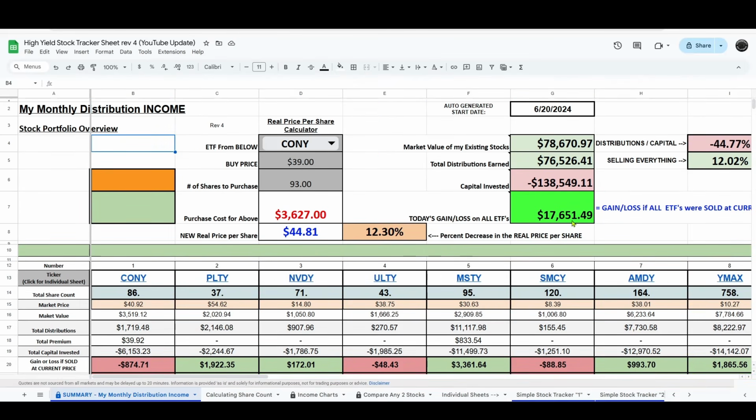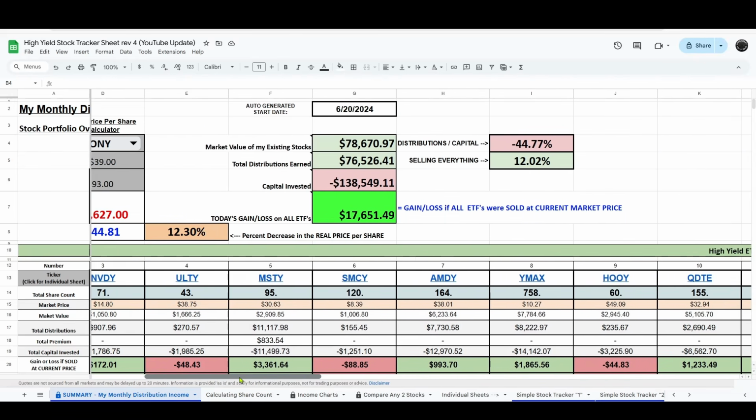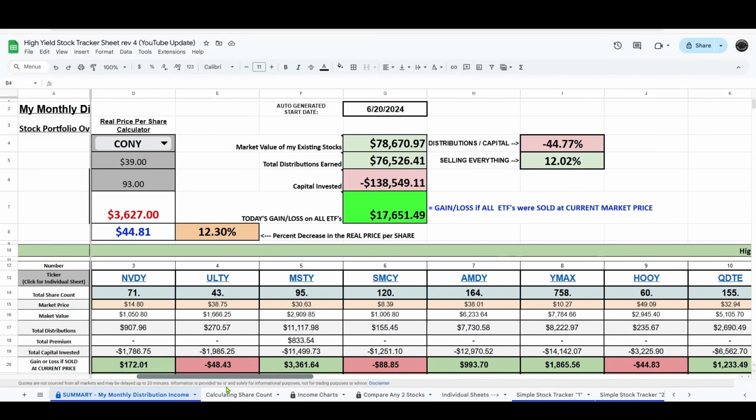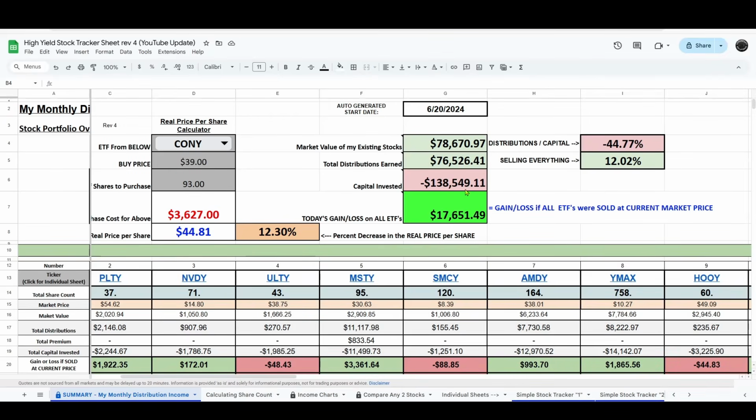But as you can see, if I were to sell out of every single one of my high yield ETFs that I'm showing here on this sheet, and there are a total of 14 of them, if I were to sell out of all of them, I will clear about $17.6 thousand. Okay.